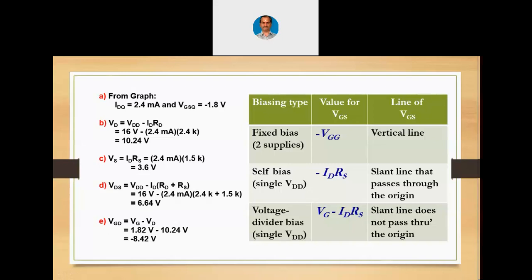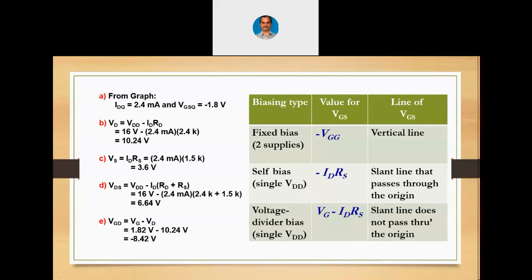Now, all these three are common source, means with respect to source, we apply input at the gate and we take output at the drain. It is basically common source, and this is in comparison with the common emitter configuration in the case of BJT.